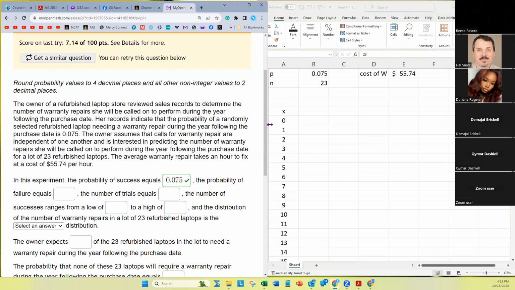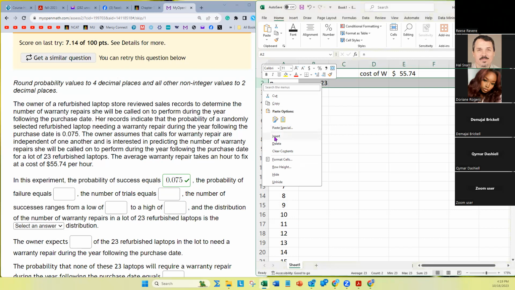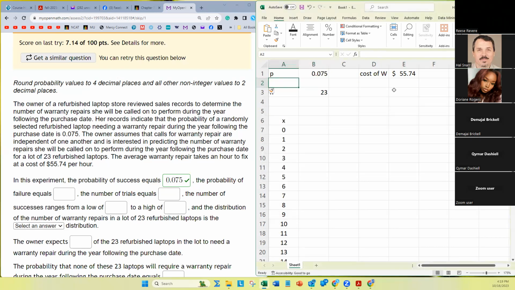There is a probability of failure. Typically, the probability of failure is denoted as 1 minus p, or q. So this p here is the probability of success.